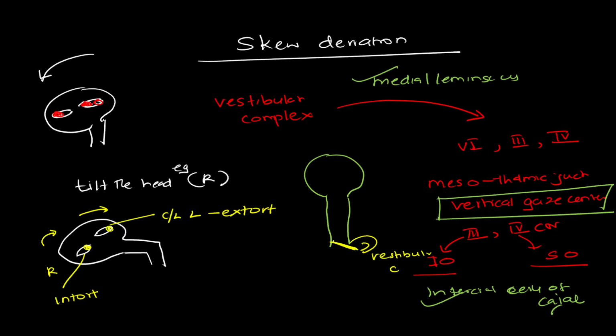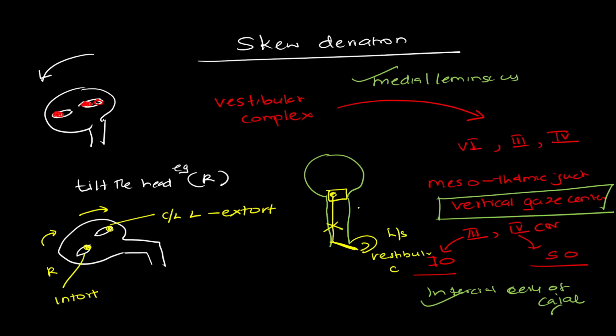Nerves coming through that will cross immediately and pass to the midbrain. You would find the vertical gaze center. So this is the vertical gaze center. By any means, if this is not working or this is disrupted, this is the left side.